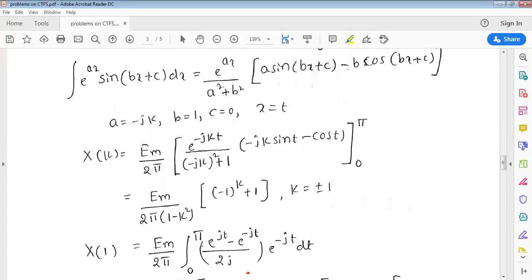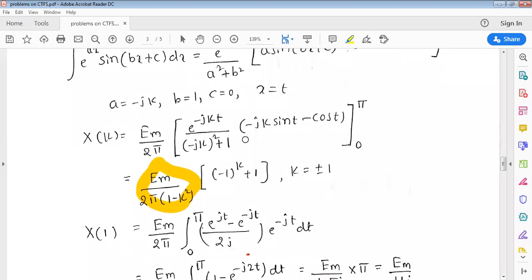Now what I will do is simply substitute the limits, upper limit and lower limit. So Em by 2π, what happens? j² is −1, minus square will become plus, so it will become −k² totally, and this will become +1. So all of them will come outside: Em by 2π times 1 minus k².